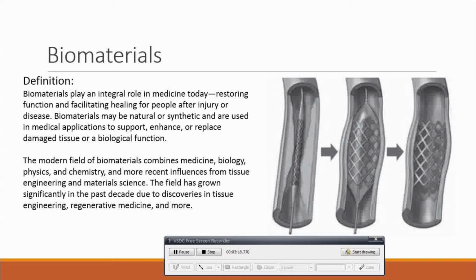Otherwise, if it is not compatible, it's going to reject this material. So when rejection happens, potentially the surrounding cells will not grow onto the implanted screws and plates. So the materials will be attached on the bone, but the bone tissue will not grow on these metals. So what will happen then?